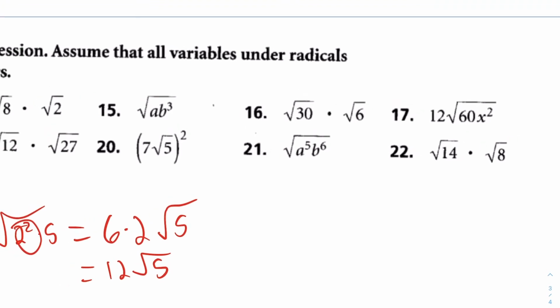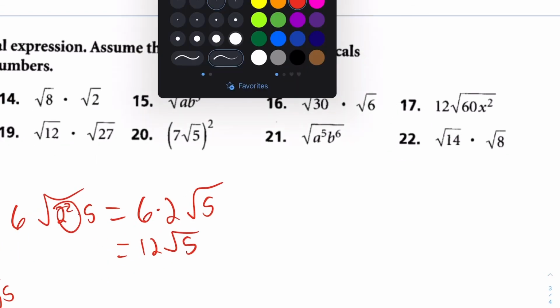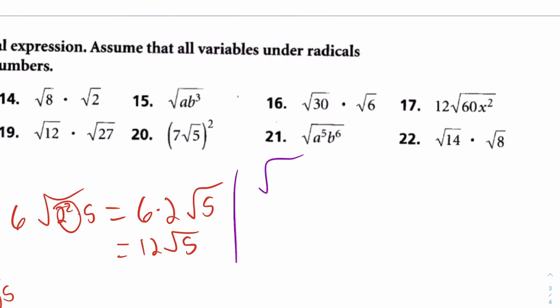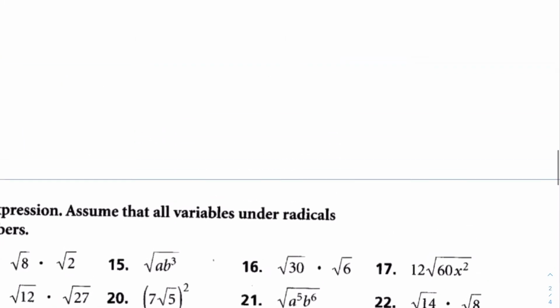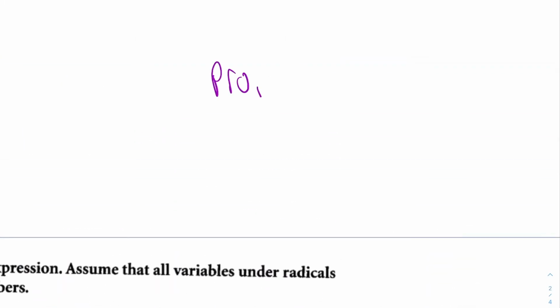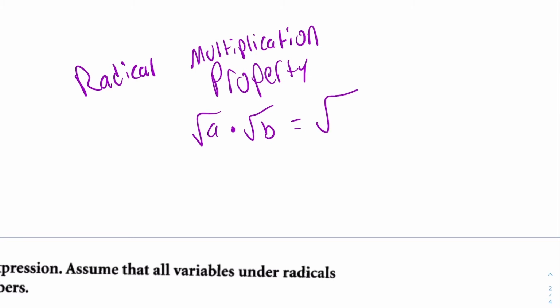Let's try number 16. Square root of 30 times square root of 6. A property with radicals that you should know, and if you don't know, here's a property. If you have two radicals and they're of the same index, as long as they are both square roots, you can take two separate square roots and multiply together, combining them through multiplication, the radicands.